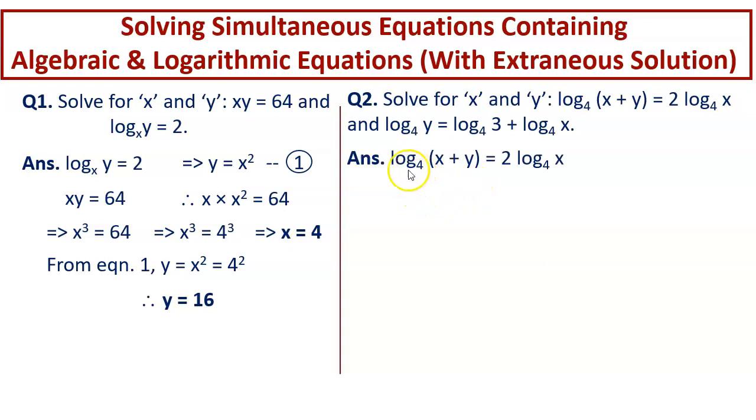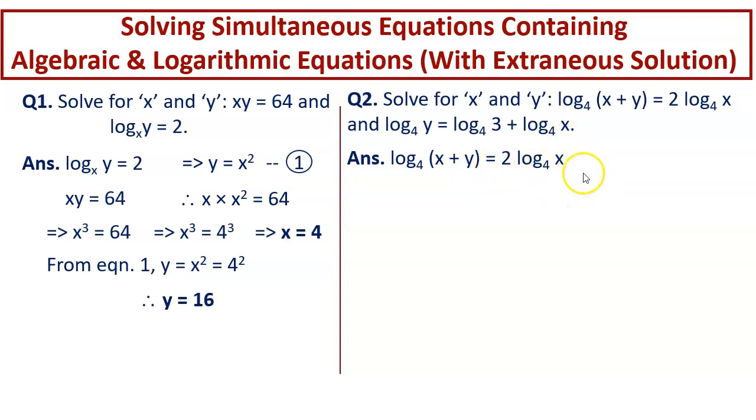So the first one is log of x plus y to the base 4 equal to 2 times log of x to the base 4. And as we have seen before, whenever we have a coefficient of a logarithmic term not equal to 1, in at least 95% or 98% of the cases, we take the coefficient and make it the power of the argument.